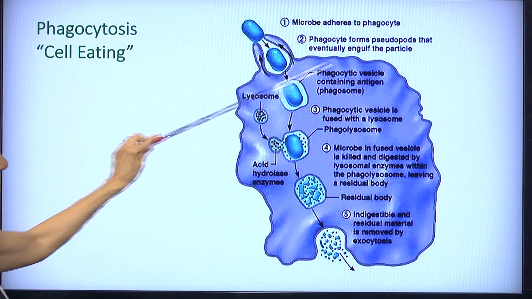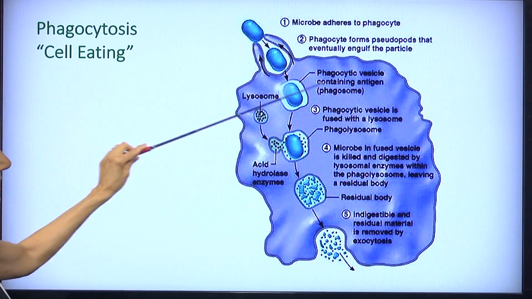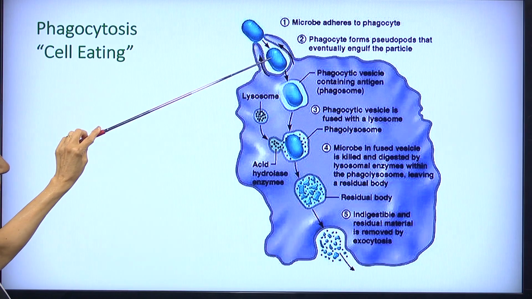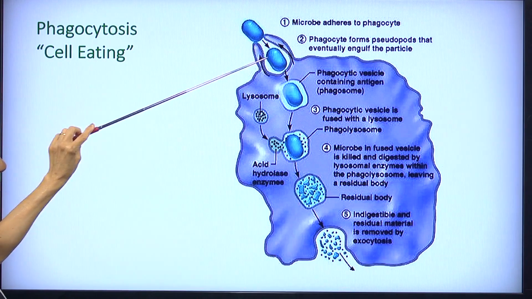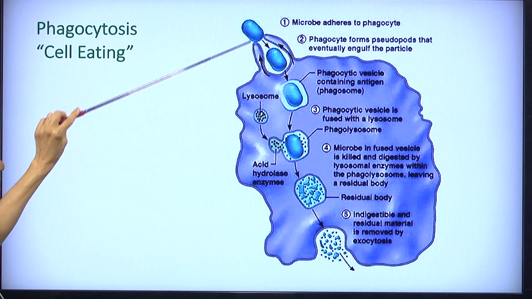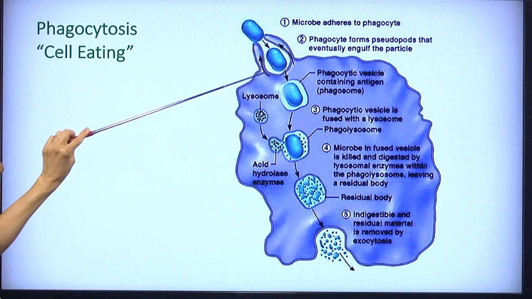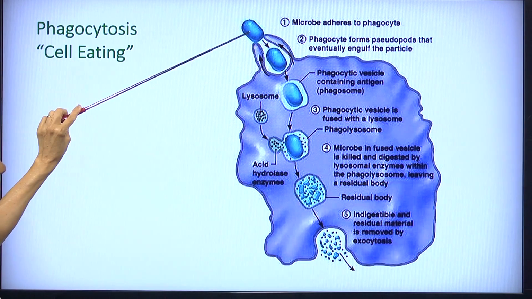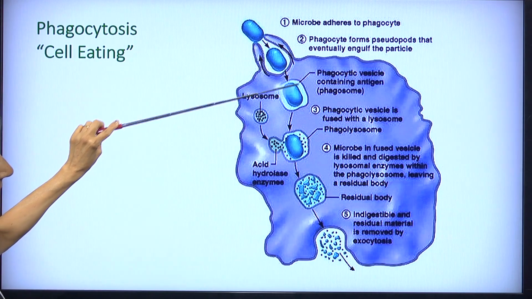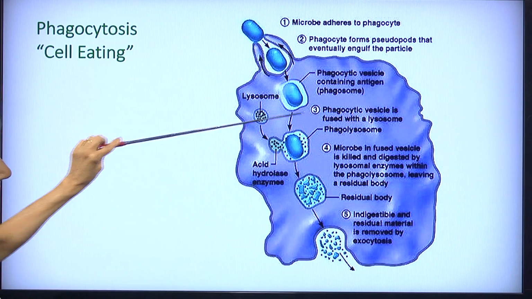So if this is one of our body cells, and this is a pathogen like a small microbe, there's going to be extension from the plasma membrane that will make sort of pseudopods surrounding the pathogen. It's going to pull it in, and it made a vesicle, as you can see here.